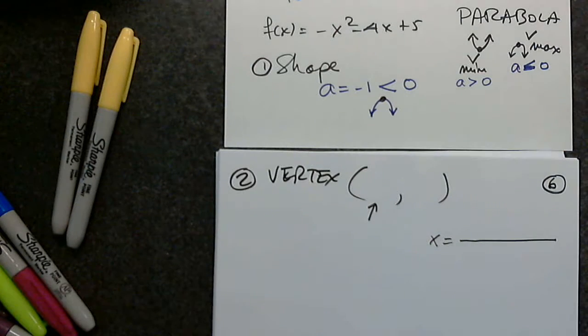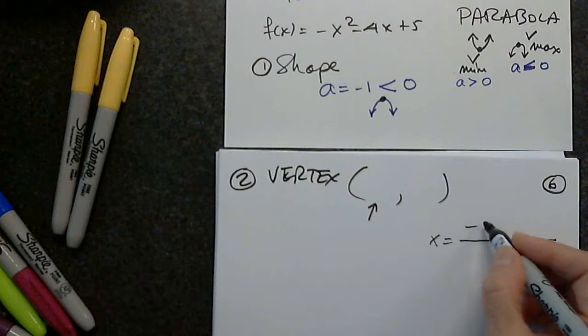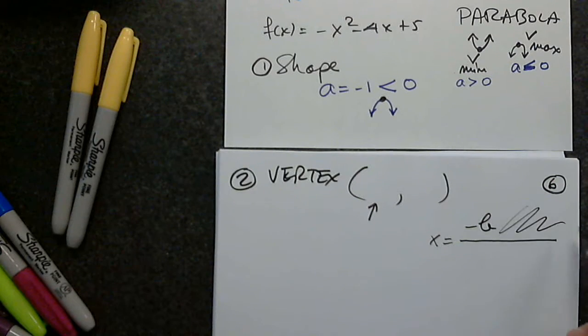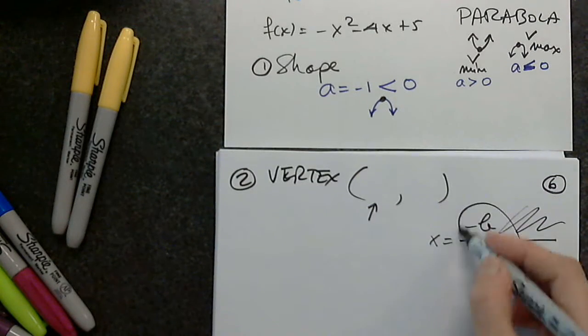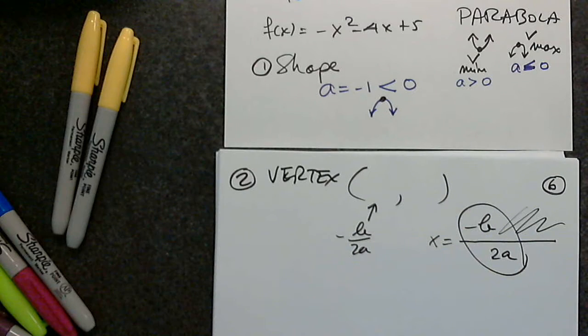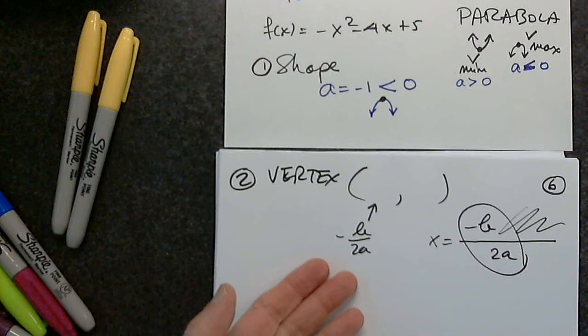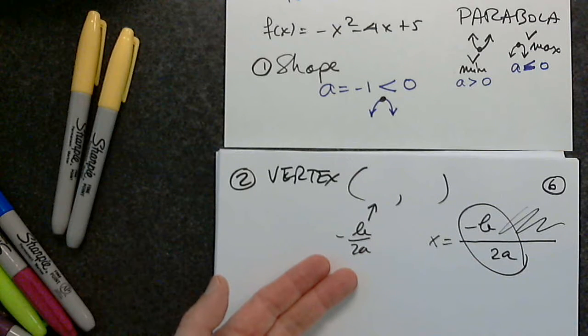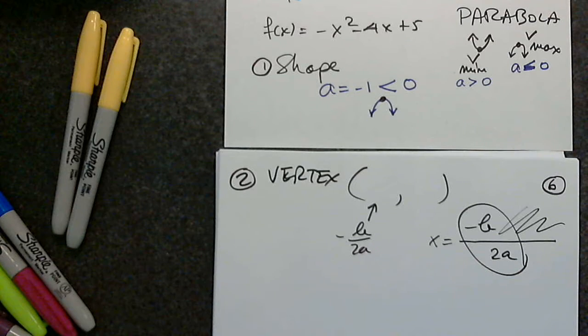Can anyone give us the quadratic formula? Negative b plus or minus square root. That's all I needed. This is the x-coordinate of the vertex. So if you remember the quadratic formula, you should always be able to recall the x-coordinate of the vertex.